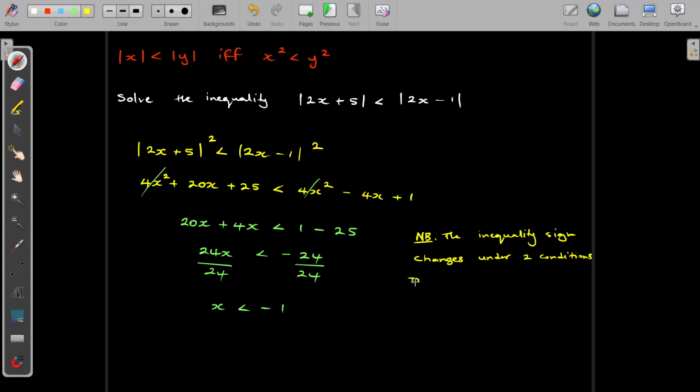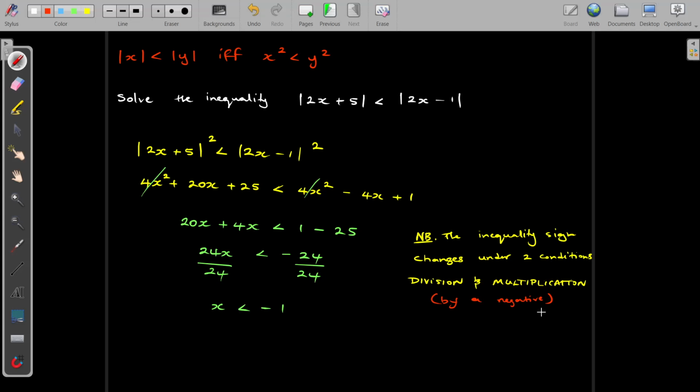We have division and multiplication, and this would be by a negative. This is something you should have known from before anyways.